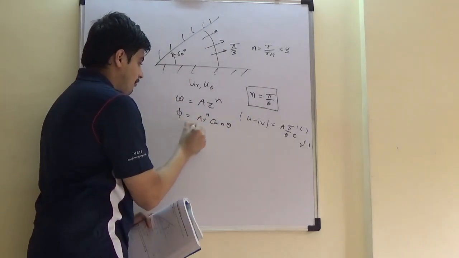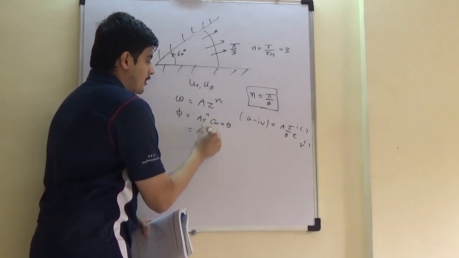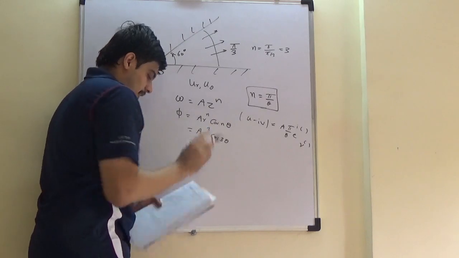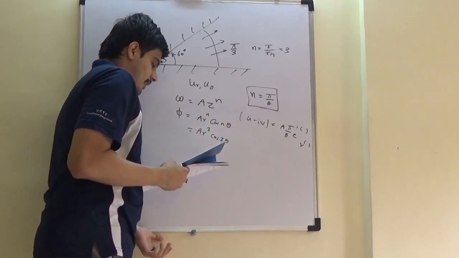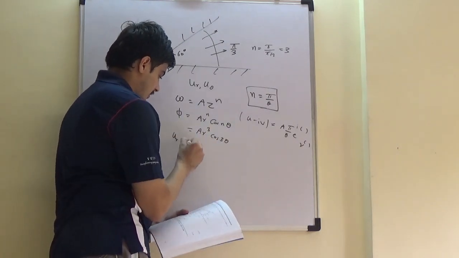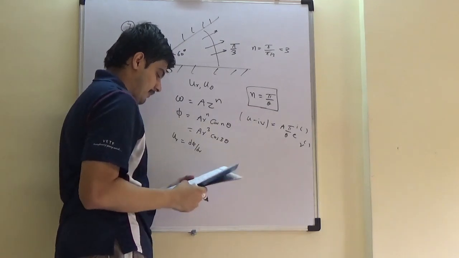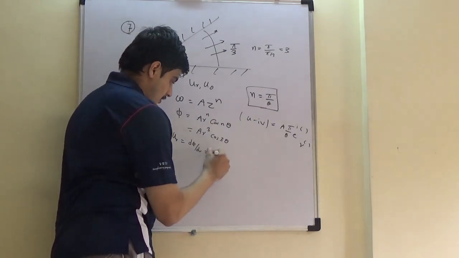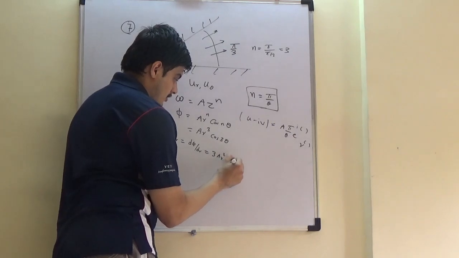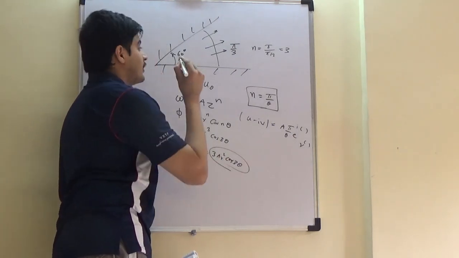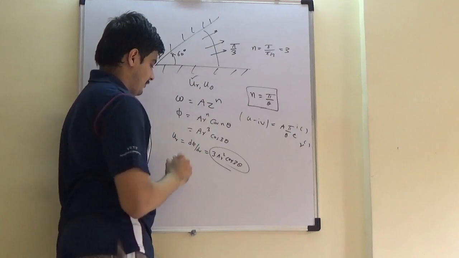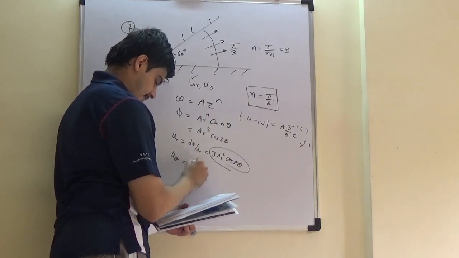Which means my phi is A r cubed cos 3 theta. Correct? So what is Ur? d phi by dr simply, which is 3A r squared cos 3 theta. This is my Ur. What is U theta?